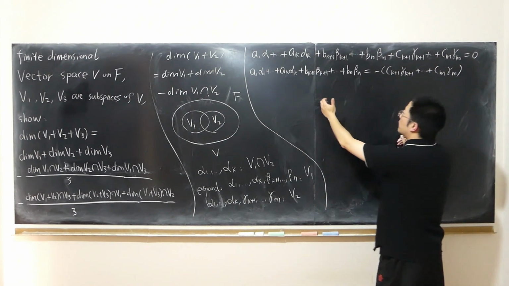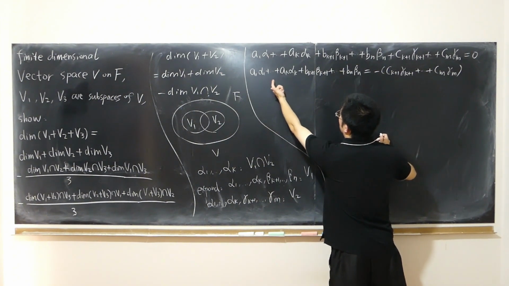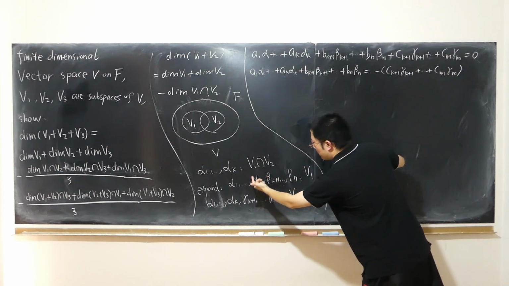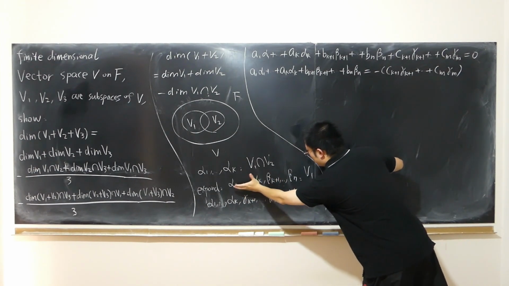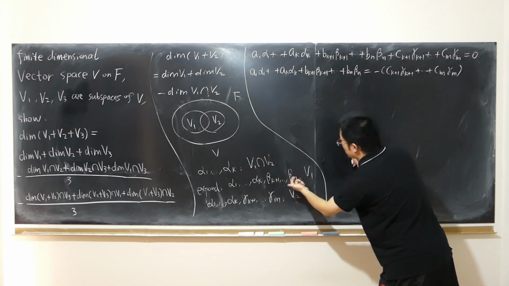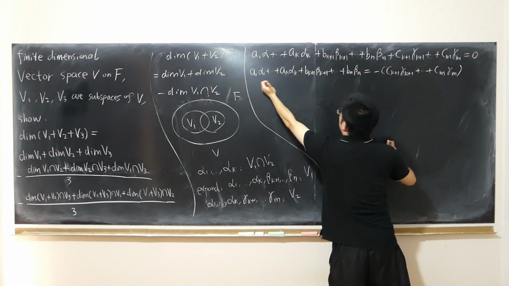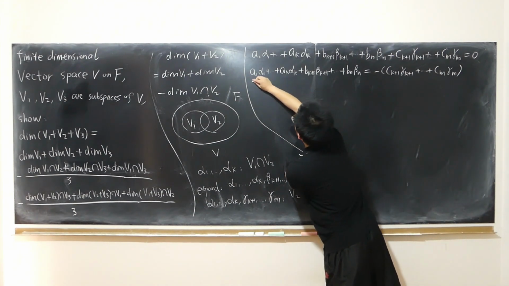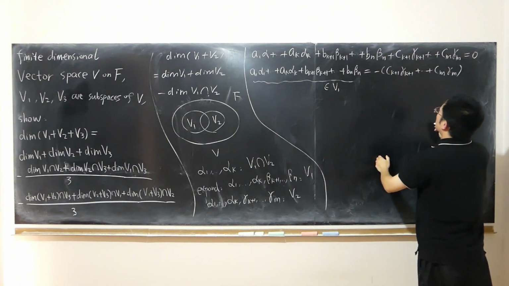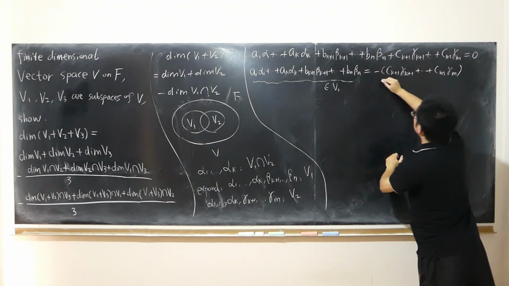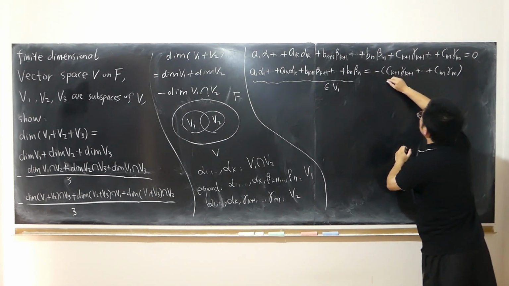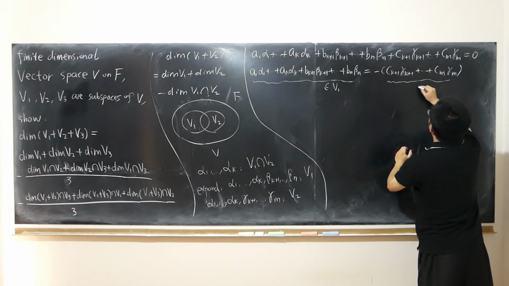Notice that the left-hand side is a linear combination of the alphas and betas, which I've already expanded as a basis of V1. So this part belongs to V1. So is the right-hand side. We take out the negative sign, it doesn't matter. It still belongs to V1.